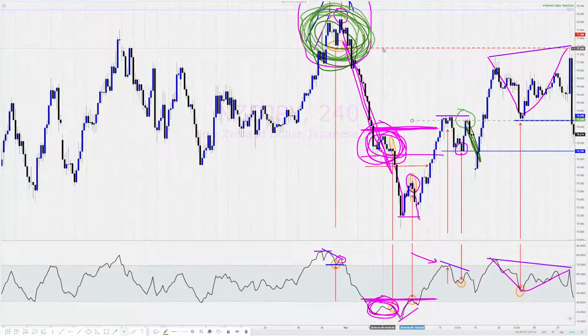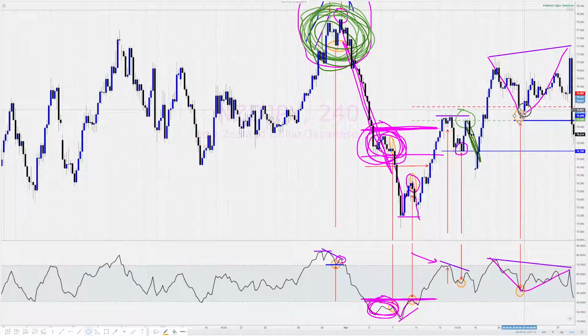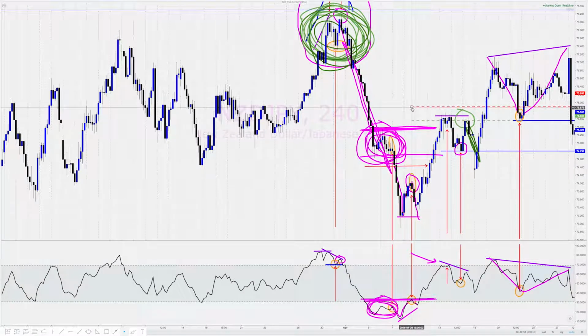Break, close, retest. We got in on the retest. In this case, the stop loss would go about there. And the reason I do that is because I'm using that candle. Stop loss above that candle, because that's my peak. That candle corresponds to my peak in between my most recent divergence.